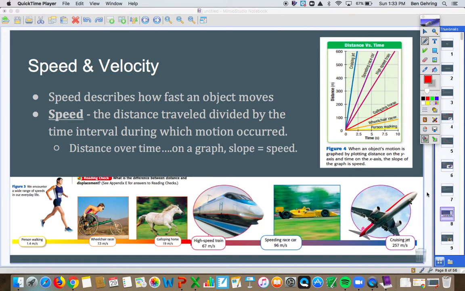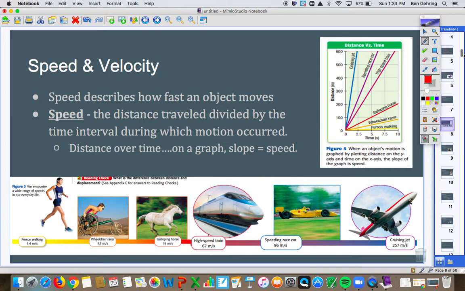Along with distance and displacement, we have these other terms that we're going to use. One of them is speed. Speed describes how fast an object moves, and this is done by taking the distance traveled and dividing it by the time interval over which the motion occurred.